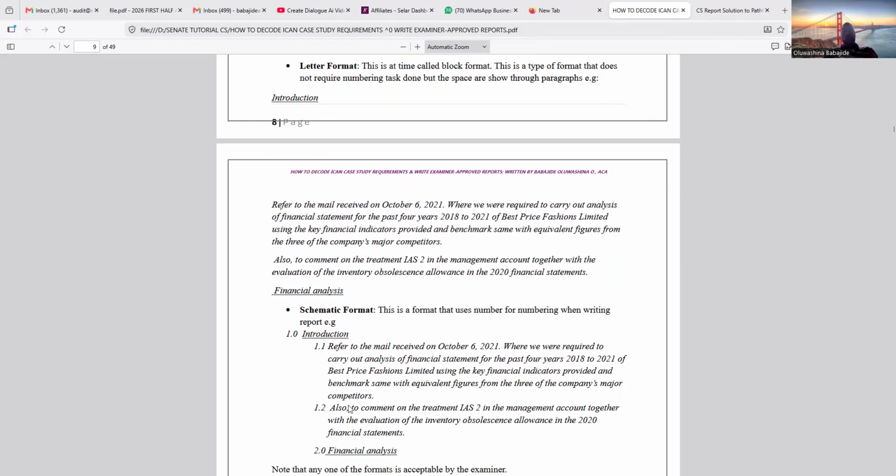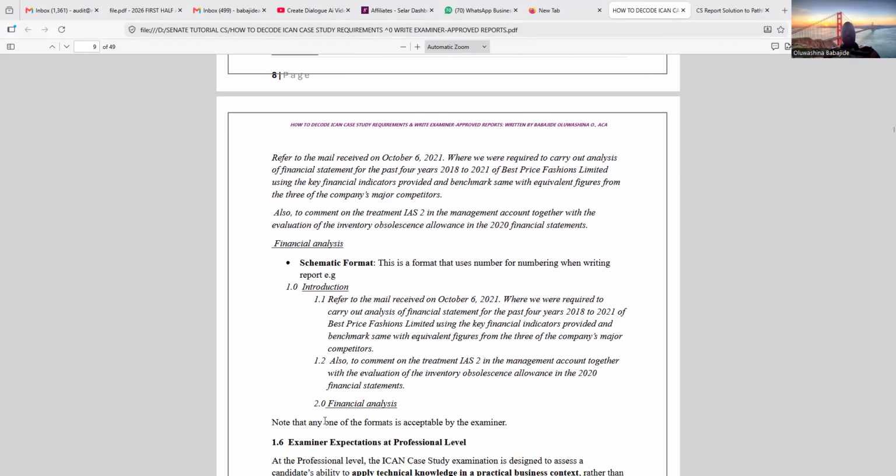Any of these two is relevant. You must choose one. Either you are picking the schematic format or you are picking the letter format. So when you want to start another subheading, you pick the next round figure, that is 2.0 Financial Analysis.